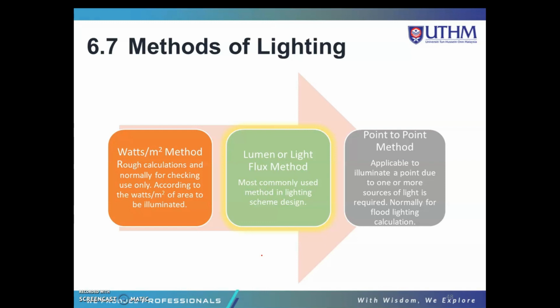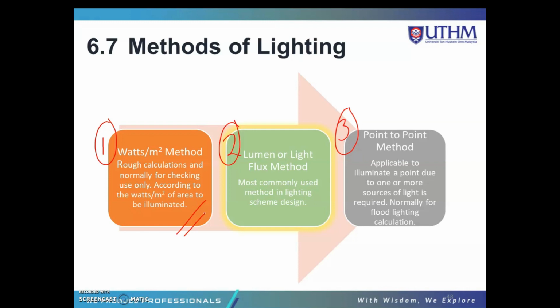Okay, next is the methods of lighting. There are 3 methods of lighting. The first is the watts per meter squared method. Second is the lumen or light flux method. And the third one is the point-to-point method. So we look at the first method, the watts per square meter method.